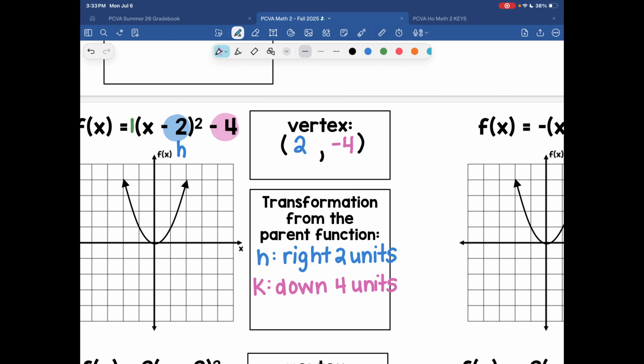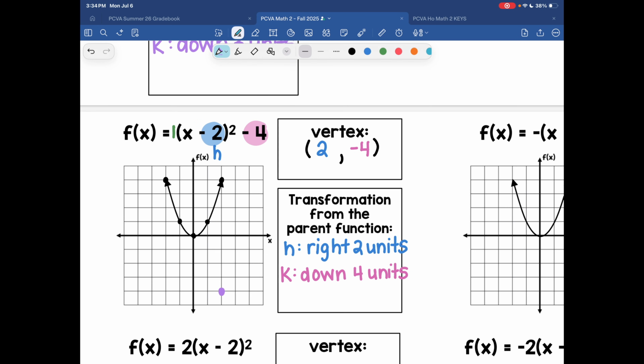So if I look at my vertex and I plot positive 2 and negative 4, we should be able to see that from this vertex we went right 2, down 4. If I do that for the rest of them, going right 2 and then down 4, it's going to have the same shape. It's just going to be shifted.